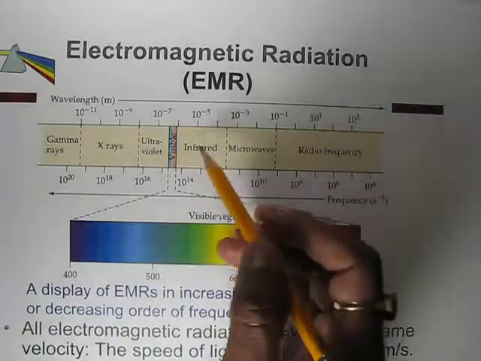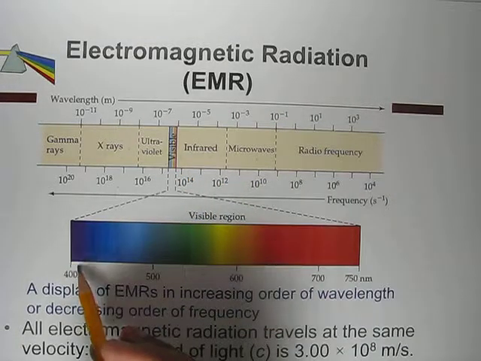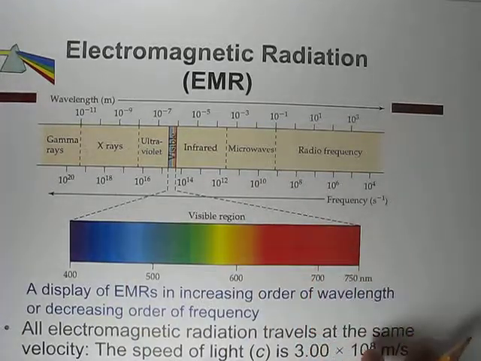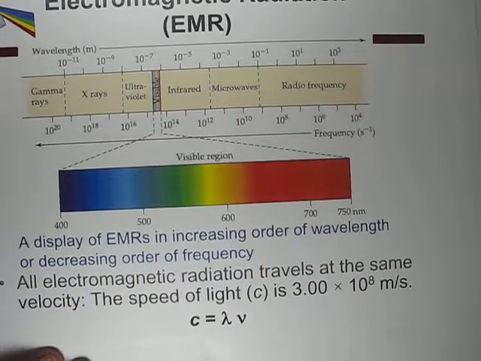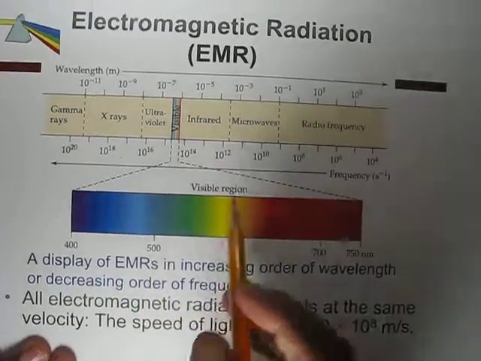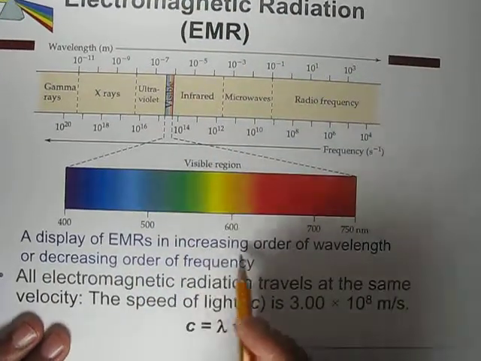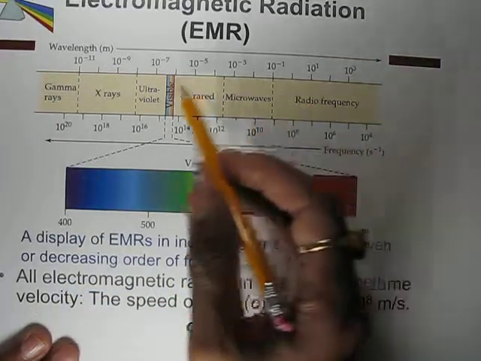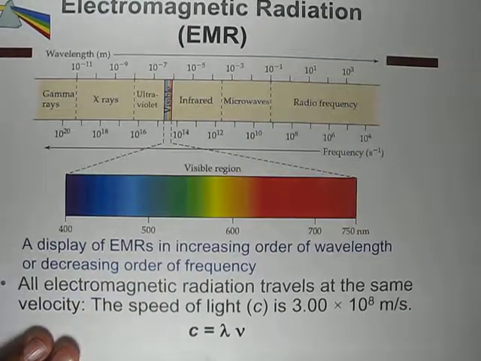And visible light is the only part, the colored spectrum, which we see with our eyes. This is a display of EMR, electromagnetic radiation, in increasing order of wavelength or decreasing order of frequency.